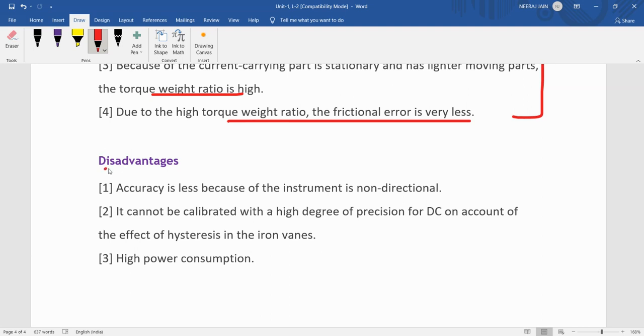Now we see some disadvantages of the moving iron instruments.